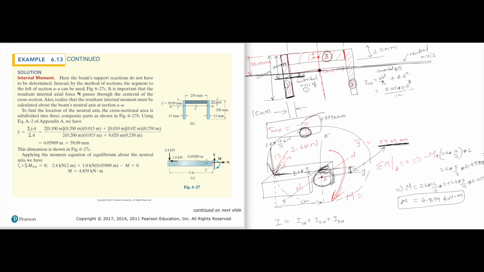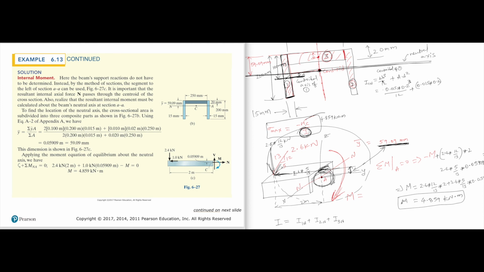plus area is 0.015 times 200, 0.2, right? Area is 15 times 2. BH cube over 12 plus 15.2 times what is the distance? What is this D?